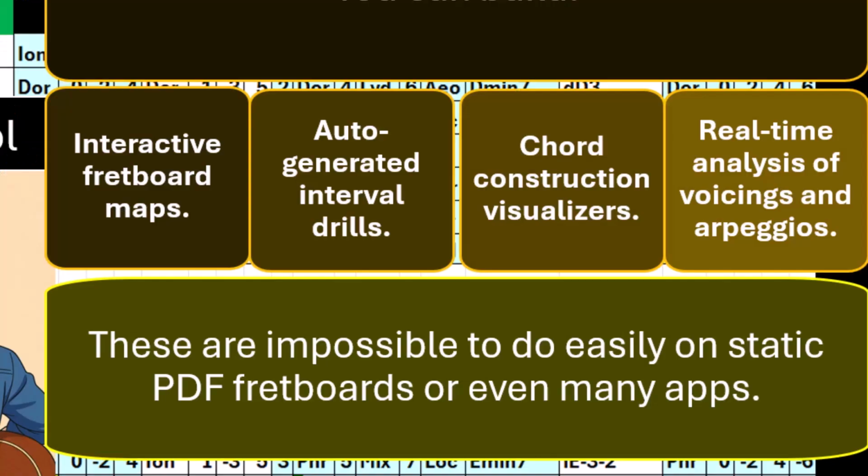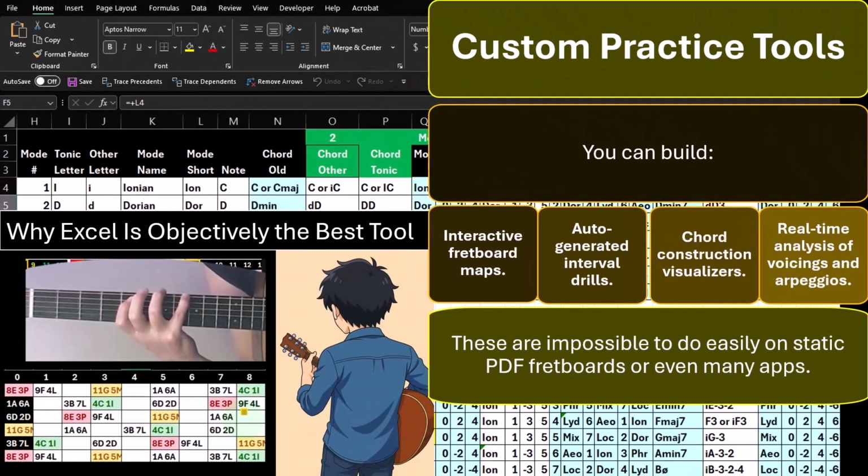So these are impossible to do easily on static PDF fretboards or even mini apps. A lot of people have pretty cool interactive PDFs. I've seen a lot of different things that people are doing that have been pretty creative. However, with all of the fancy stuff out there, people are trying to get attention with their cool new tool and how it's going to map out the fretboard and whatnot.